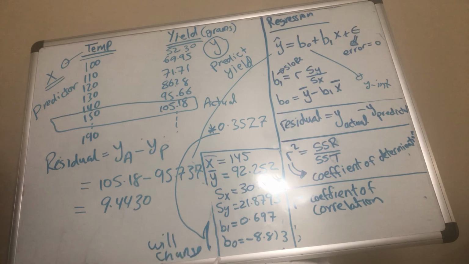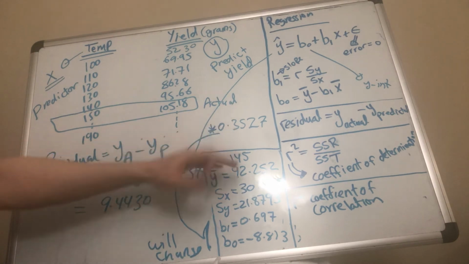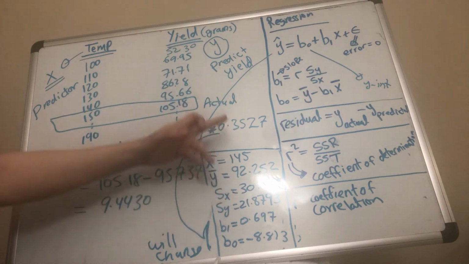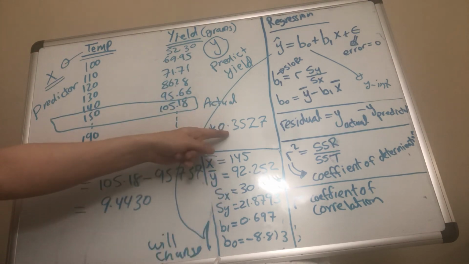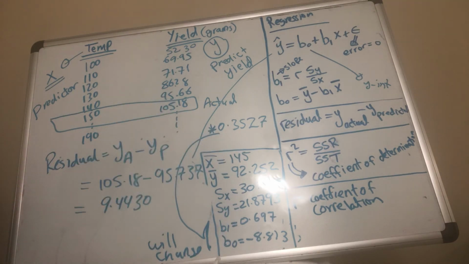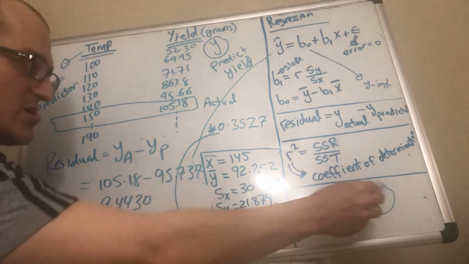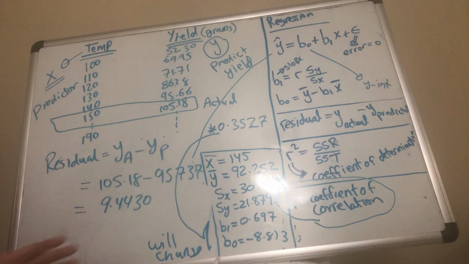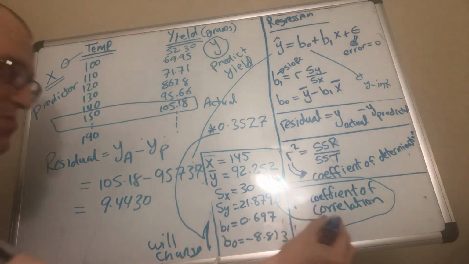And they will change by whatever the factor is. So if you need to switch from grams to ounces or whatever, you multiply this by the 3527 and you multiply this by the 3527. So B0, B1, they have to change. But your R, the coefficient of correlation, doesn't matter if you change units or not, this wouldn't change.